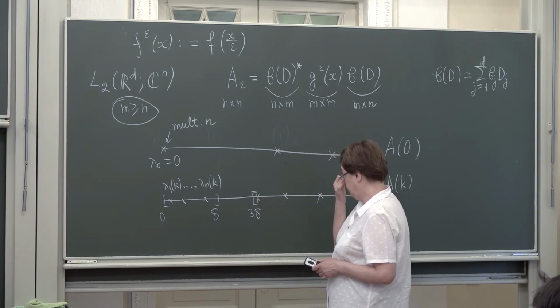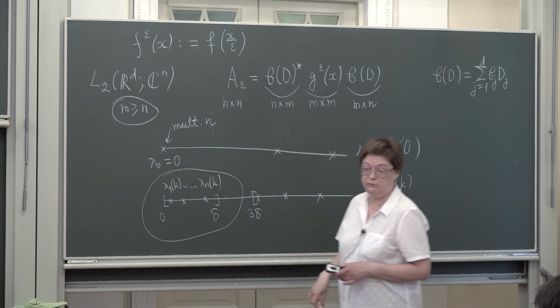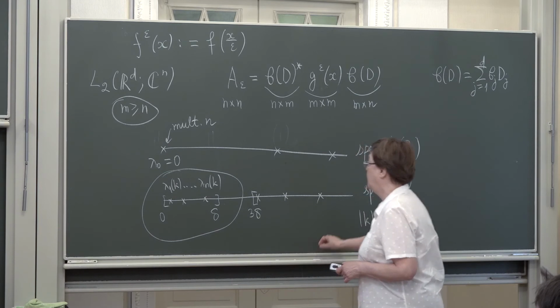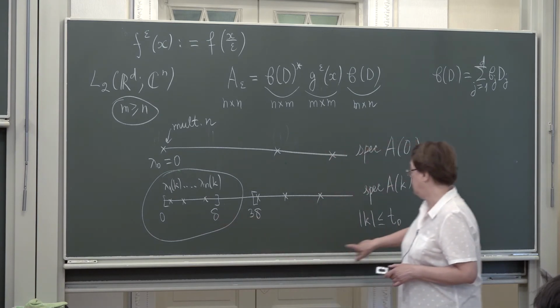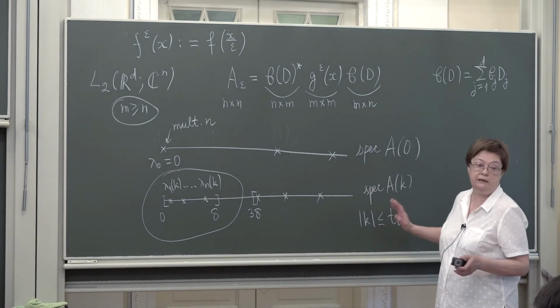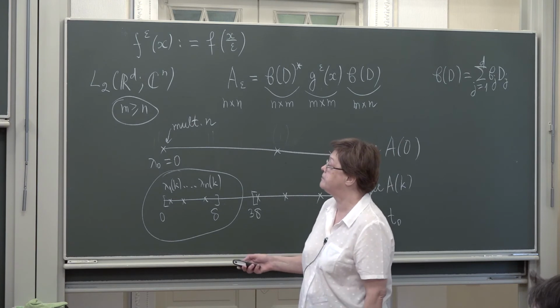And it turns out that for our problem, only this part of the spectrum is important. Of course, we control this delta and this number t naught explicitly, but now I will not write them down. It can be done.